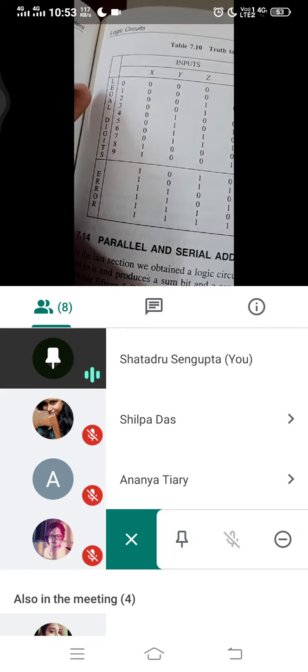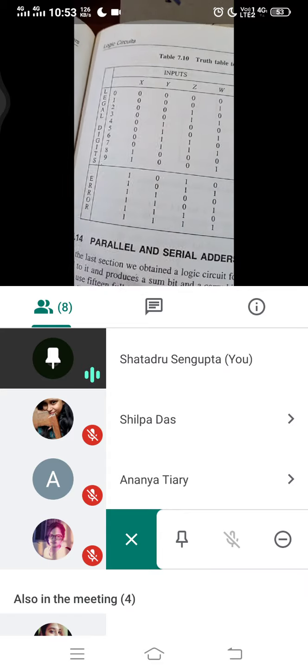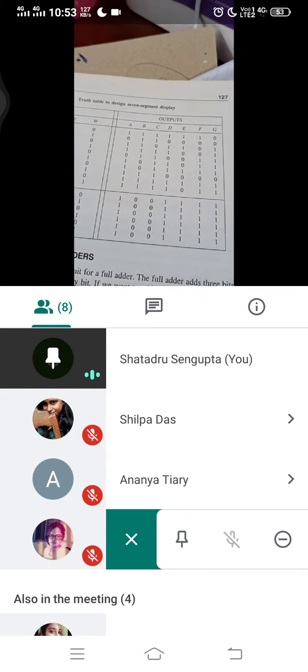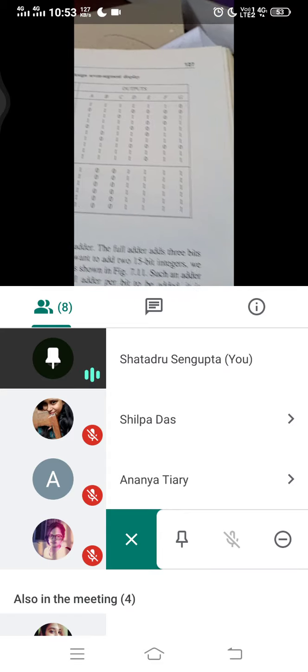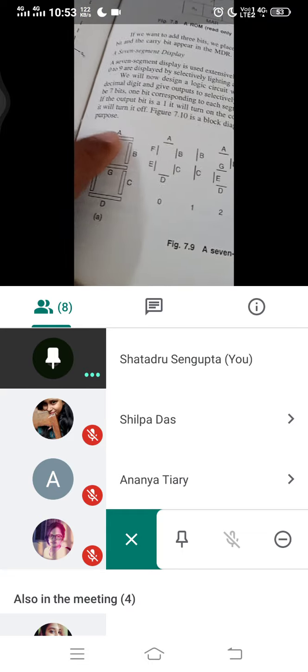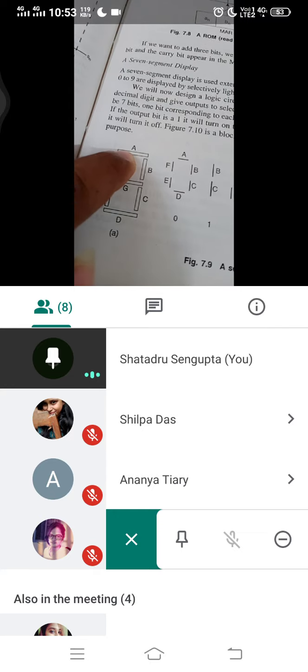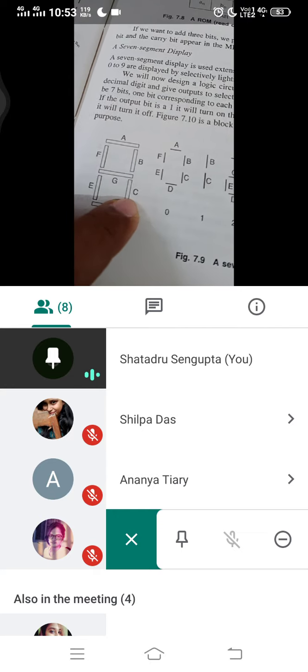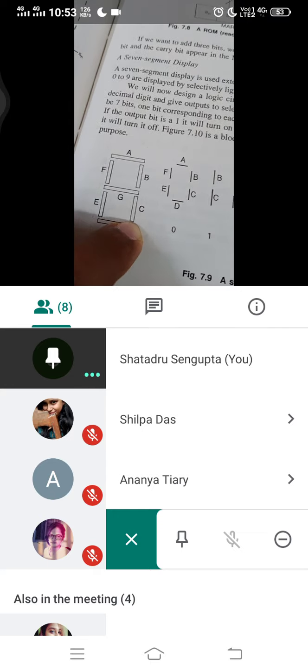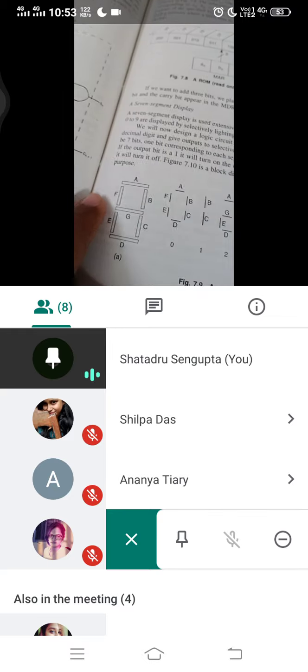Each of the outputs are connected to one arm of the display. So there are 7 arms of the display like this. Okay, A, B, C, D, E, F, G. Each of them having a 0 will be turned off, having a 1 will be turned on, and that is how from 0 to 9 we can make.